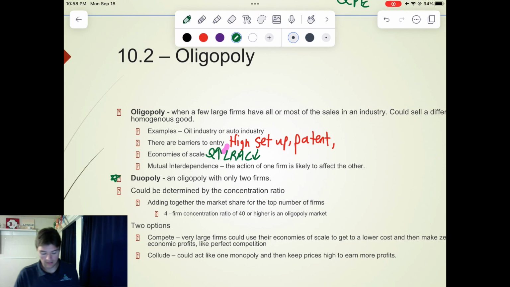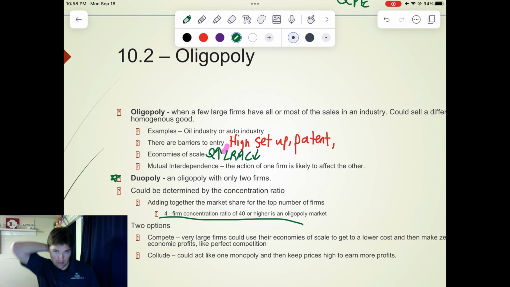So if we're looking at the top four firms, we have the whole aisle full of cereal, and we look at how much space the top four cereals are taking up. If it takes up 85% of the aisle, that is going to be an oligopoly. They have 85% of the market, and only 15% is everybody else. That's an oligopoly. A concentration ratio of 40 or higher is an oligopoly.